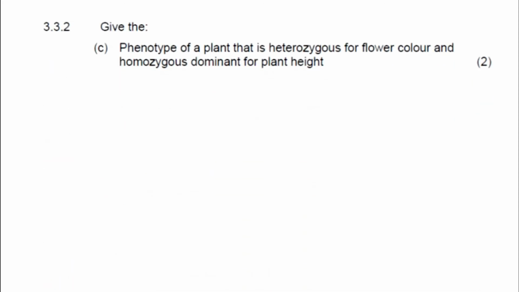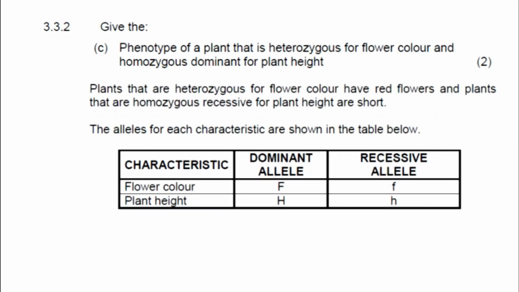In our next question, they say, give the phenotype of a plant that is heterozygous for flower color and homozygous dominant for plant height. Heterozygous means that the two alleles will not be the same, so we're going to need one capital F and one small letter f, and homozygous dominant for plant height means we're going to need two capital Hs.